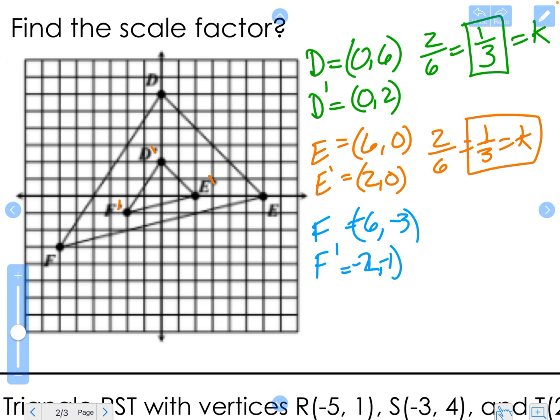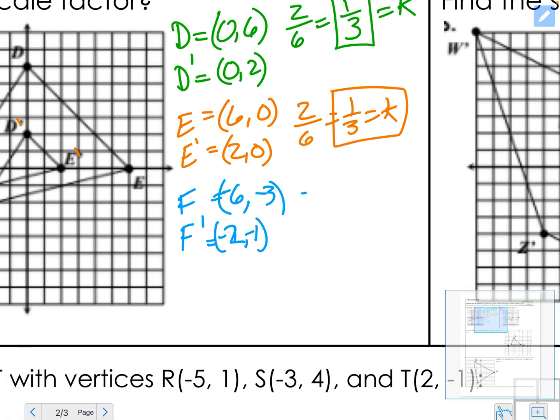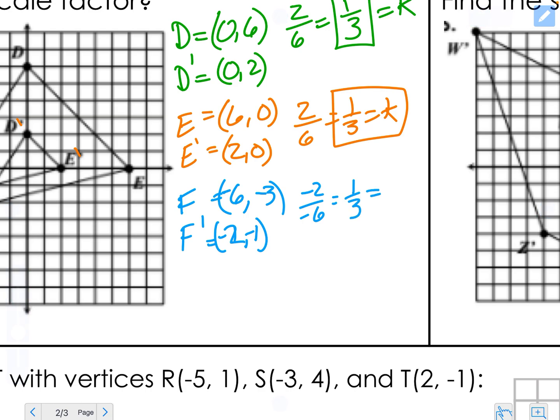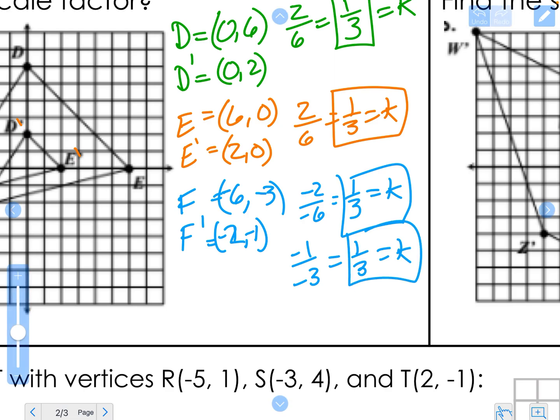So again, it's prime over original. So negative 2 over negative 6 equals a positive 1/3, which yes, seems to fit. And then we have a negative 1 over negative 3, which yes, becomes 1/3. So yes, my scale factor on this shape, K equals 1/3.